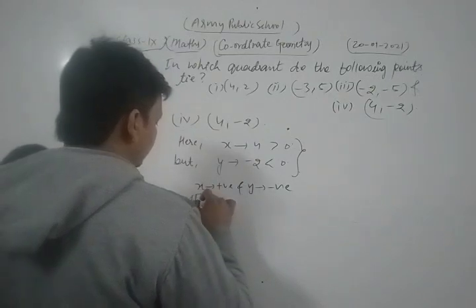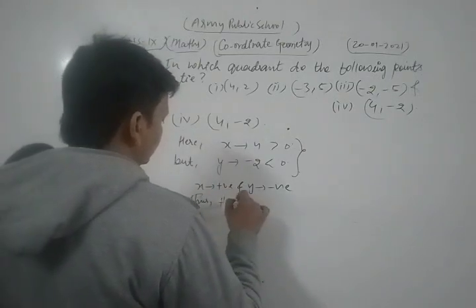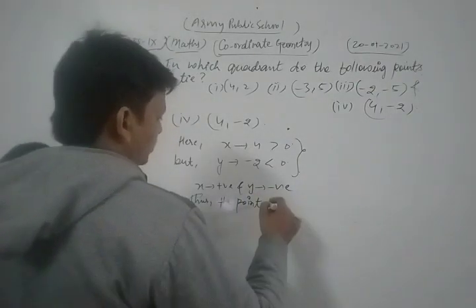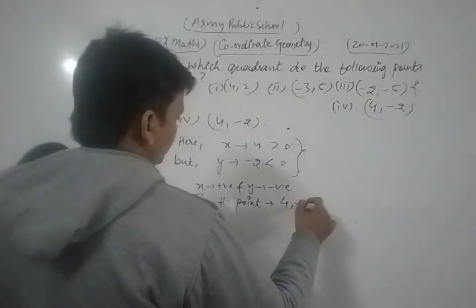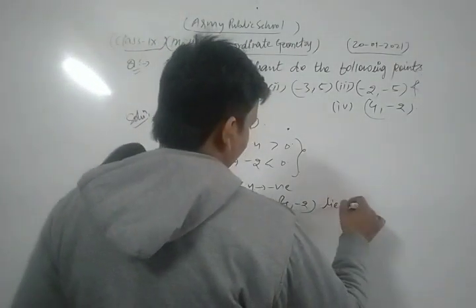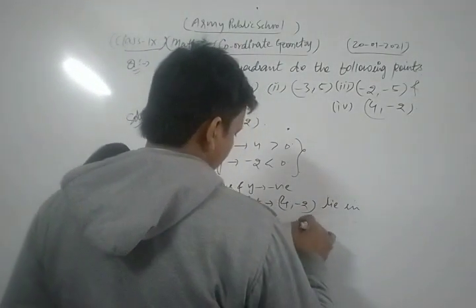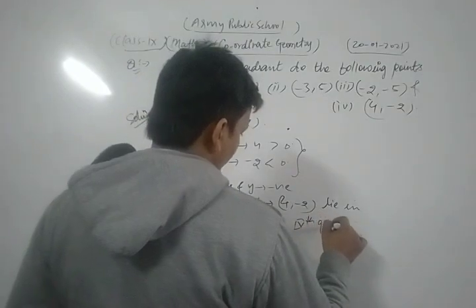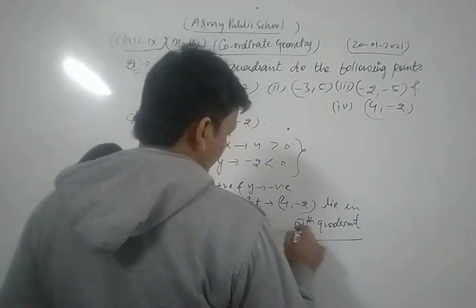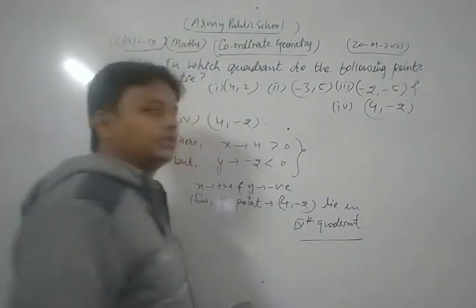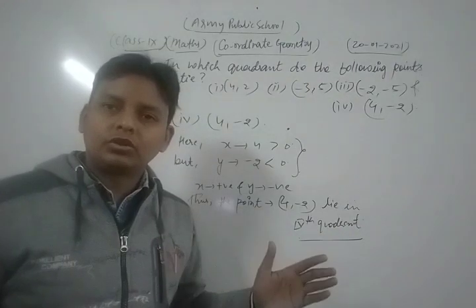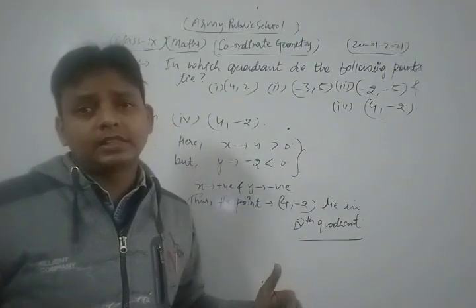Thus the point (4, -2) lies in the fourth quadrant. Thus dear students, in this way you can solve each and every question of your NCERT exercise based on that topic.